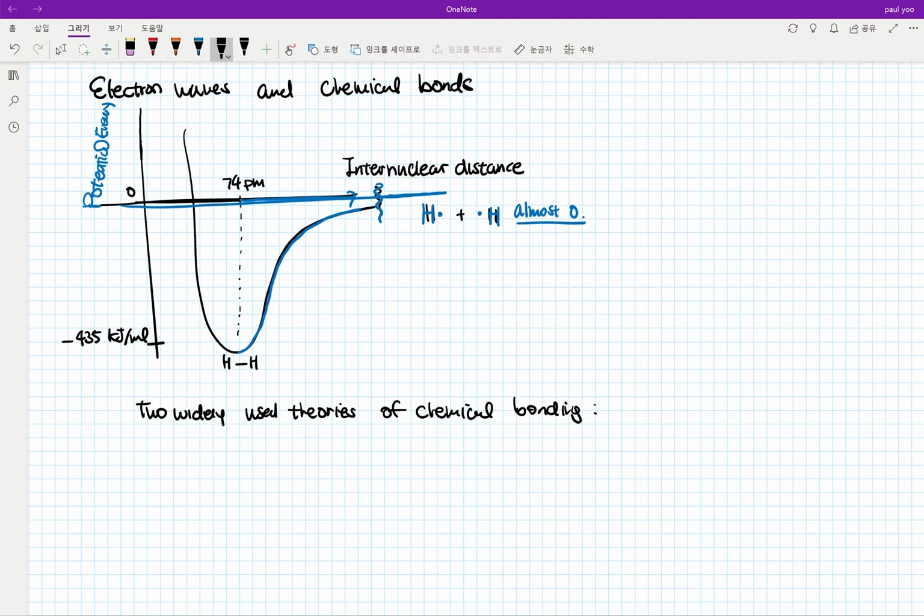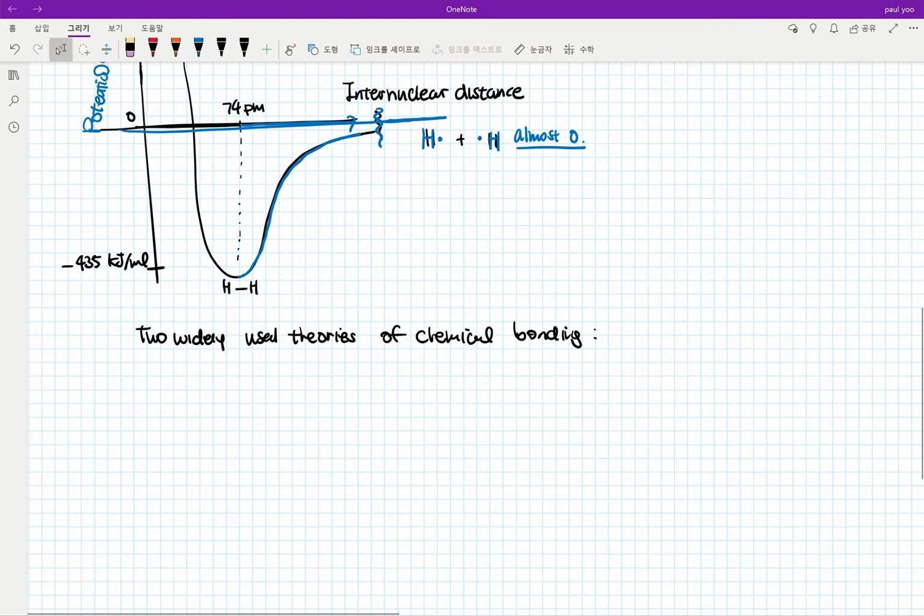We use two widely used theories for chemical bonding to set up this graph. One is called the valence bond model, and the other one is the molecular orbital model.